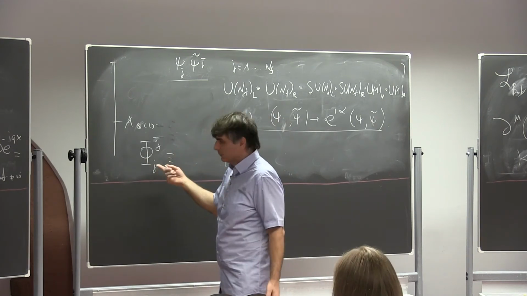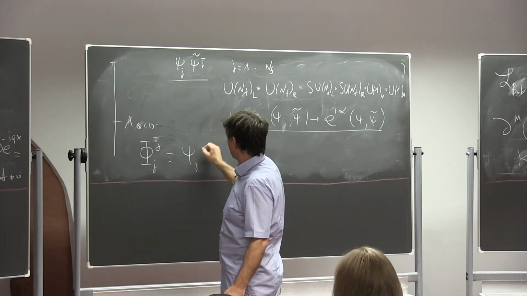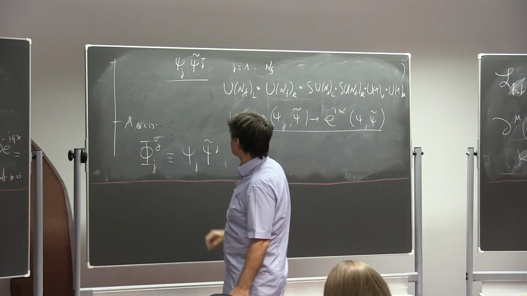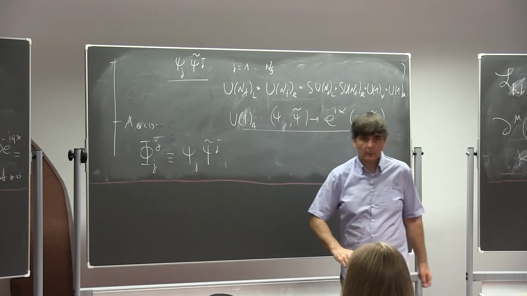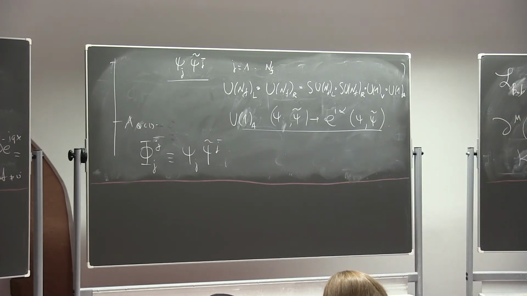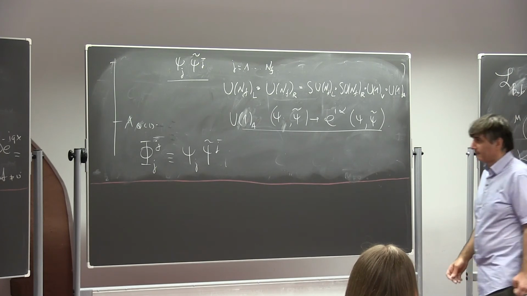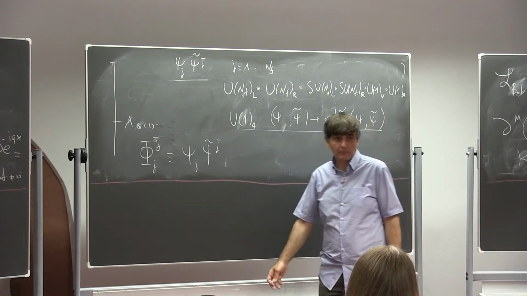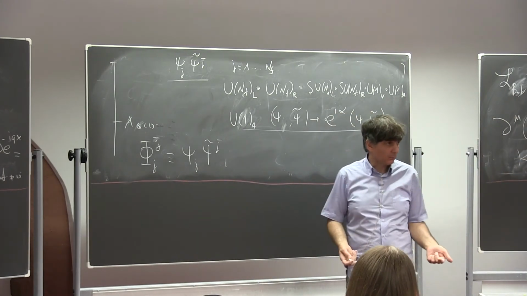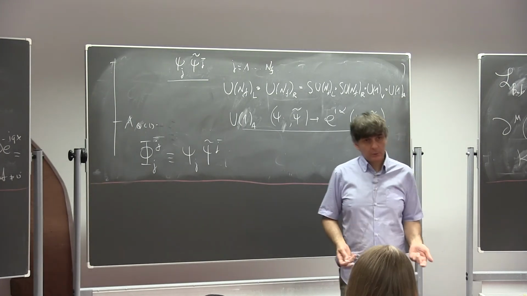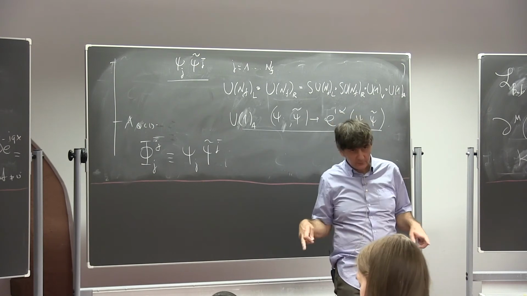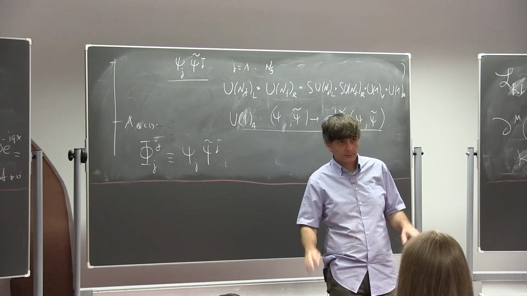I think 't Hooft introduced it like this, I'm sorry if I'm wrong. What we know about QCD is that this order parameter acquires an expectation value, which is universal in the limit of massless quarks.